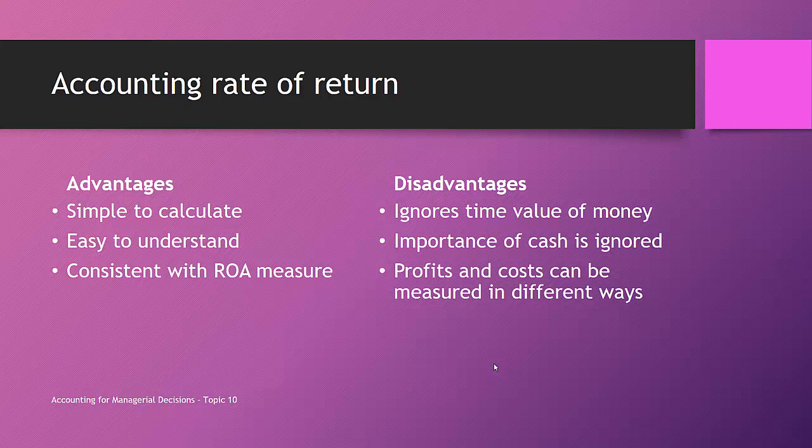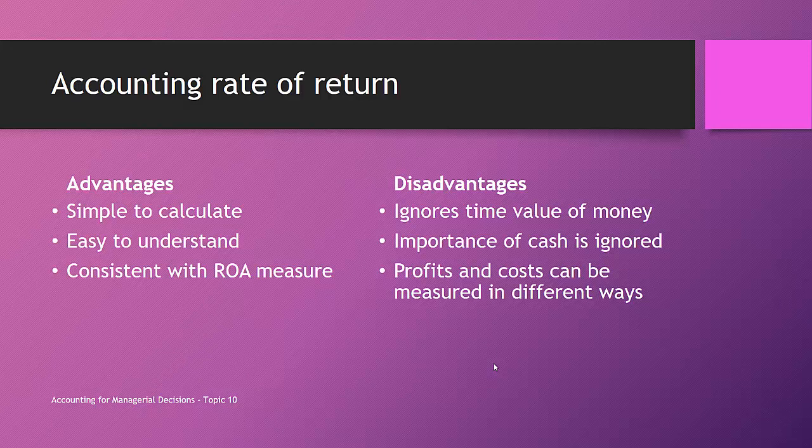So we're taking that any cash flows in time 4 are the equivalent of cash flows in time 0, and that's not going to be the case. How much of an issue it is going to be dependent on the discount rate involved, but it does ignore it here. The importance of cash is ignored to some degree because we've included depreciation in here, because you're calculating out an accounting profit, not just worried about cash flows.